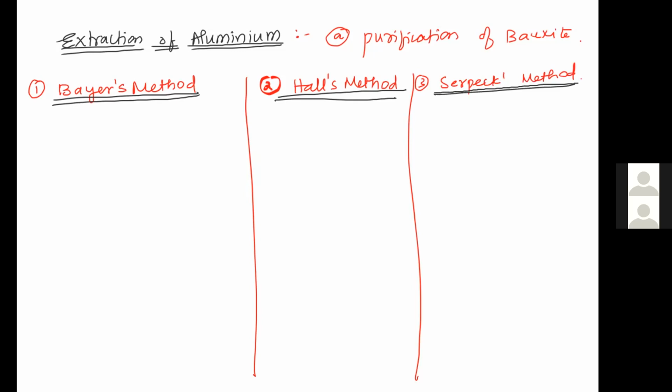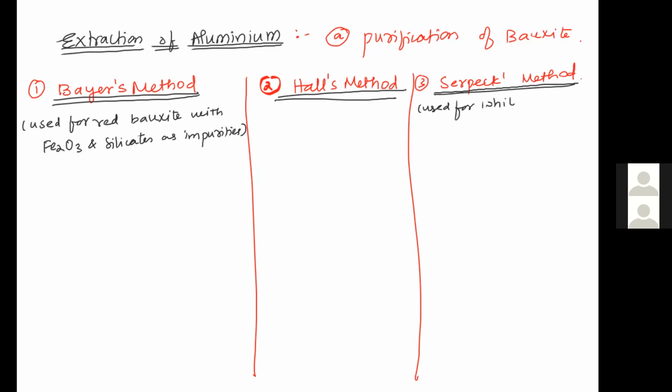See, this is used for red bauxite containing Fe2O3 and silicates as impurities. This is used for white bauxite and silica.